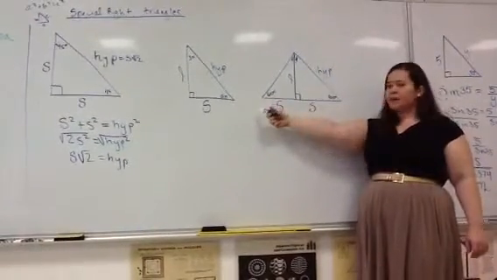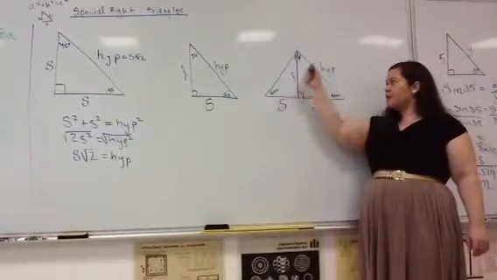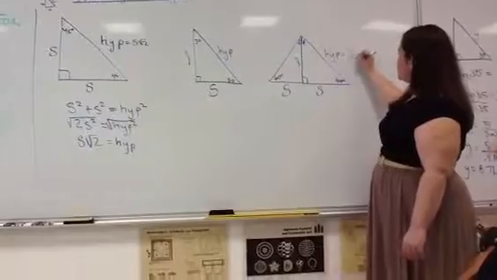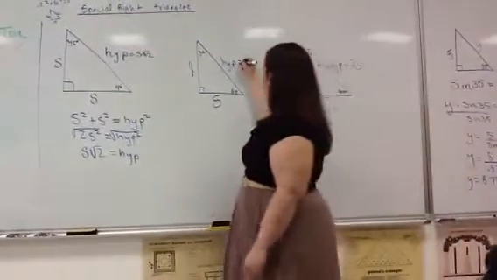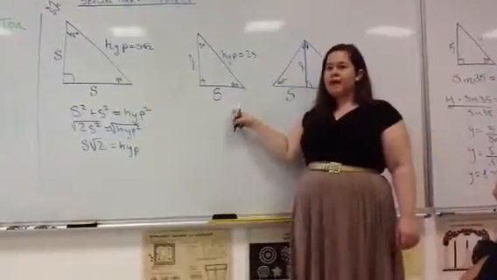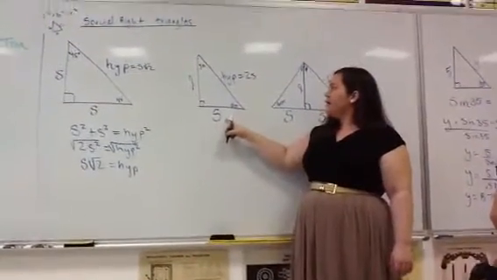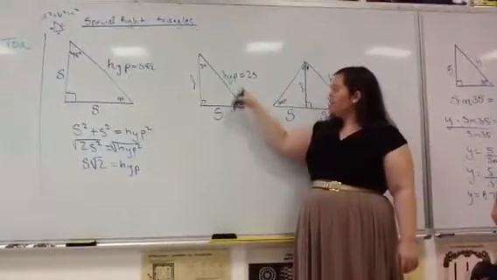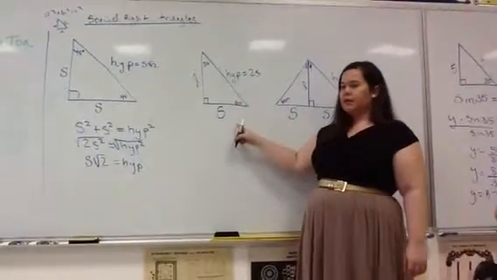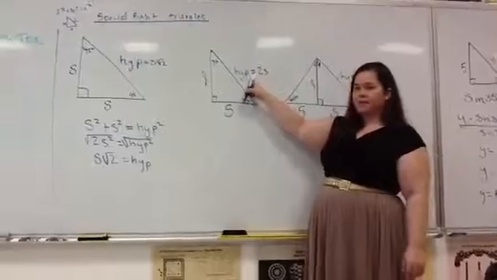This is the side of an equilateral triangle. Sides of equilateral triangles are equal. This side is 2s, this side is 2s. So we have our first relationship in the 30, 60, 90 right triangle. A short leg multiplied by 2 is the hypotenuse.